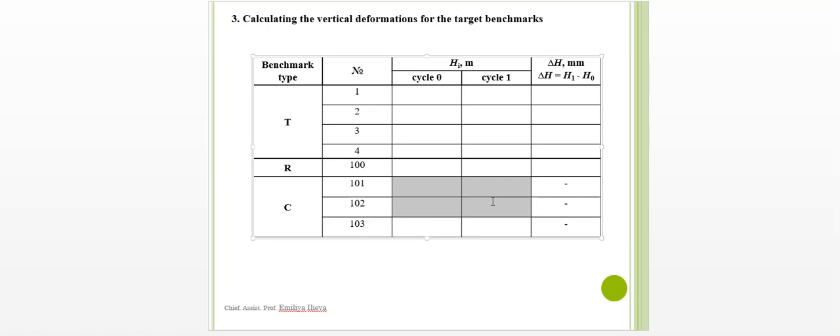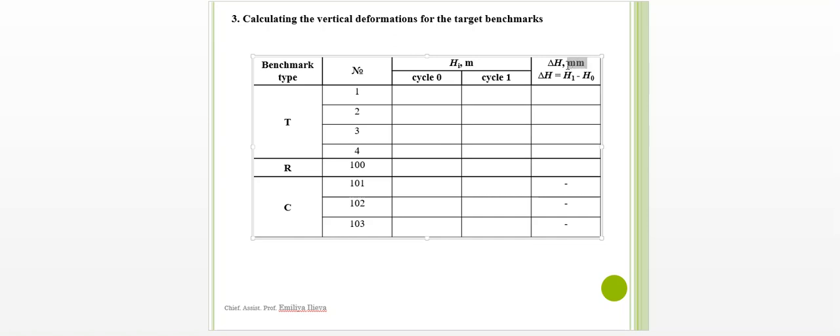Here you have absolutely the same values because these are our control benchmarks. They are with given heights, so we don't have deformations here. Here you have the two values of the reference point, and here you have the different values for the target points. The difference between these values will give us the vertical deformations.